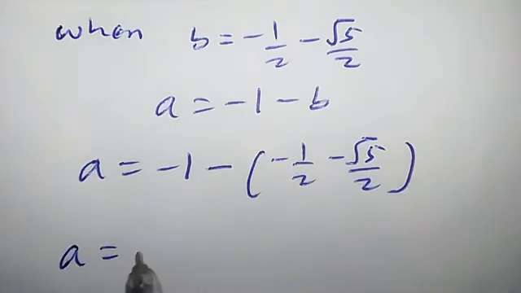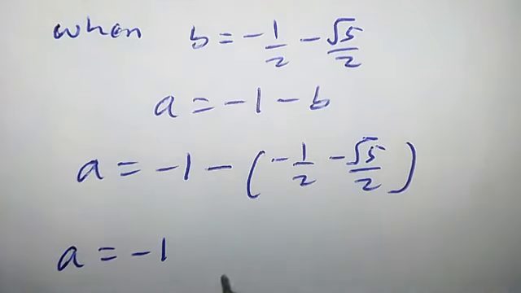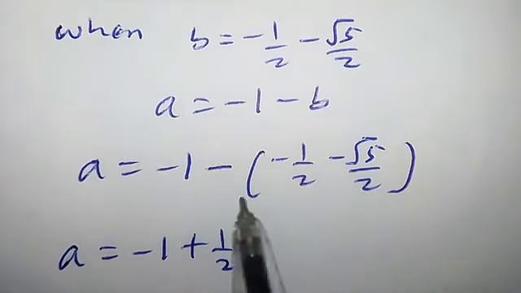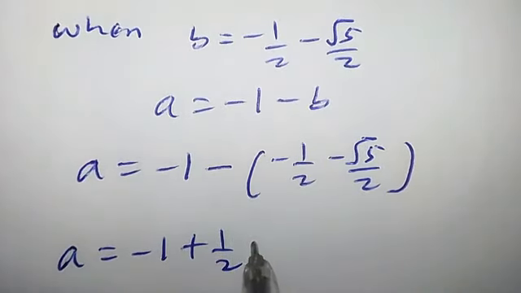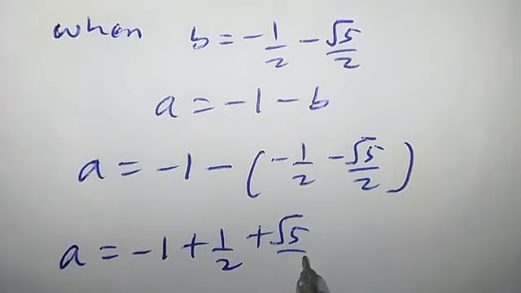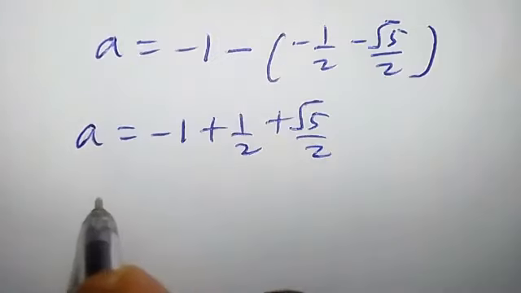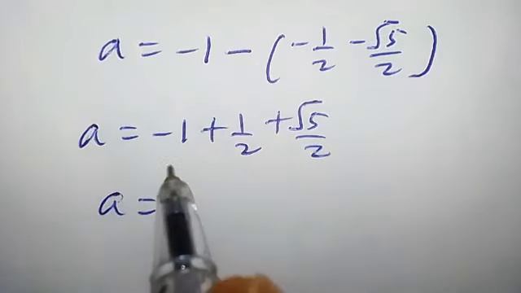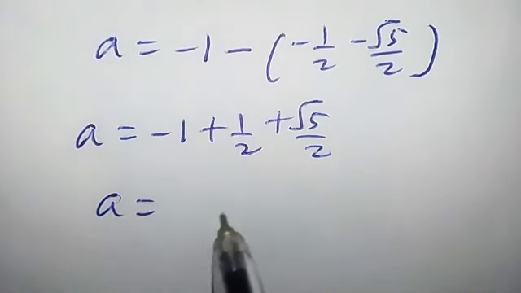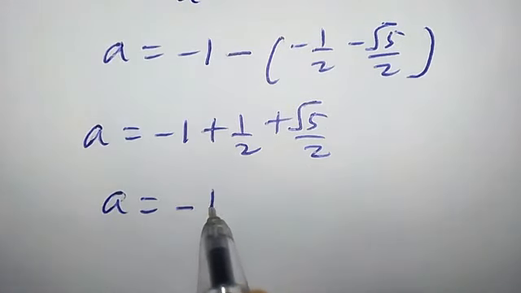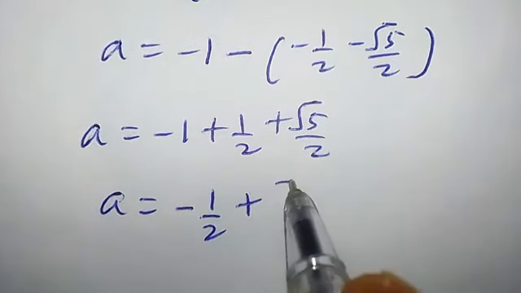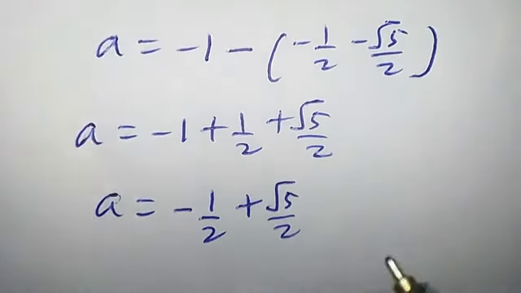A equals minus 1 minus times minus half, that is plus half, minus times minus square root of 5 over 2, that is plus square root of 5 over 2. So A is equal to minus 1 plus half, that is negative half, plus square root of 5 over 2.